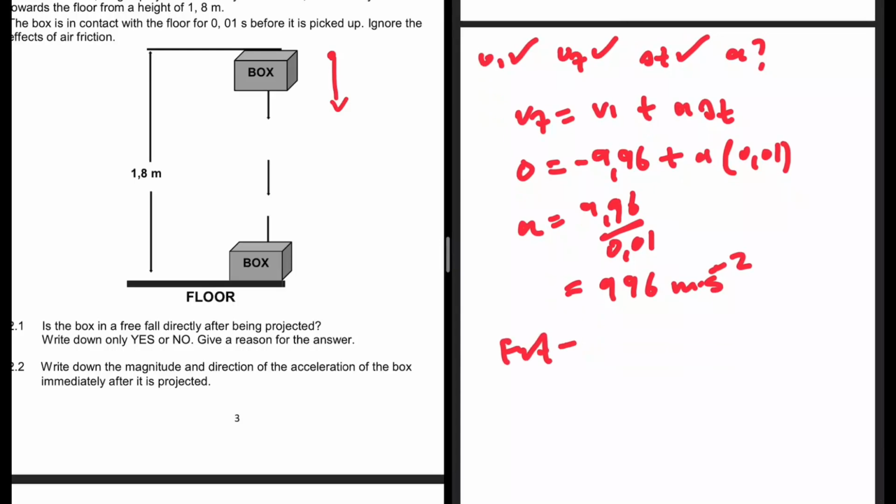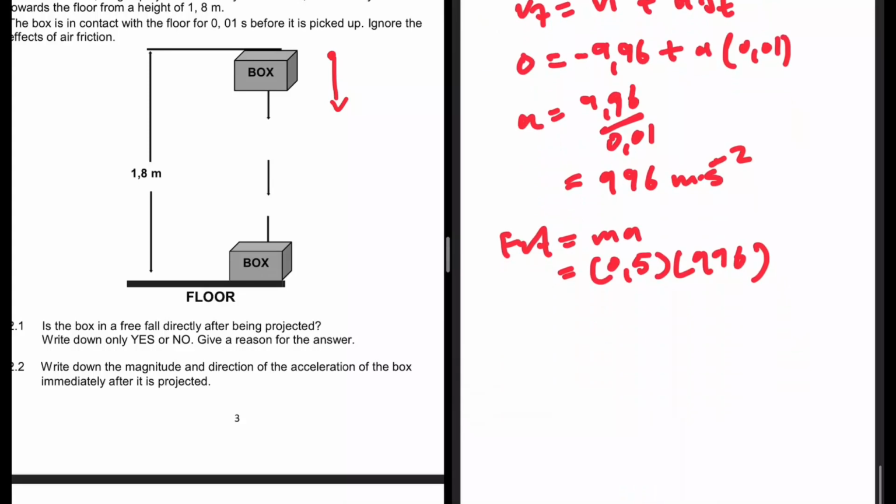So F net will be equal to ma. What is the mass? 0.5. The acceleration, 996. I don't have to put the SI unit there. So 0.5 multiplied by 996. I actually don't have a calculator, so I have to do this by hand.